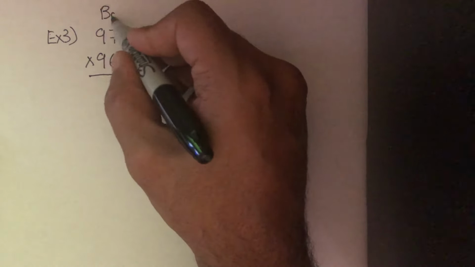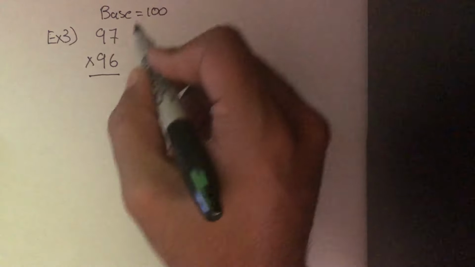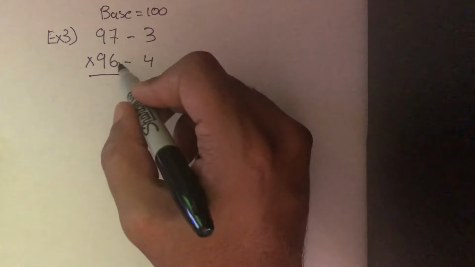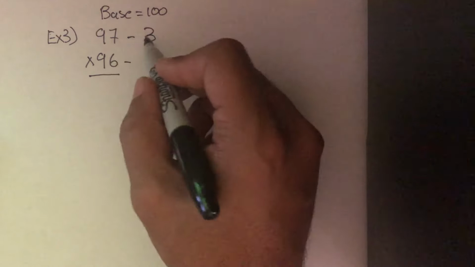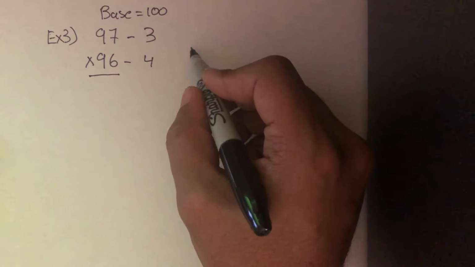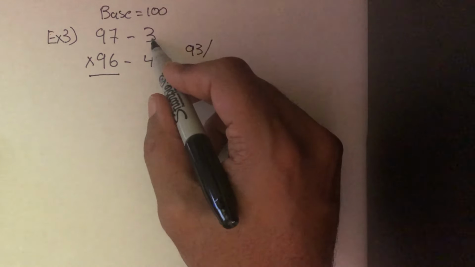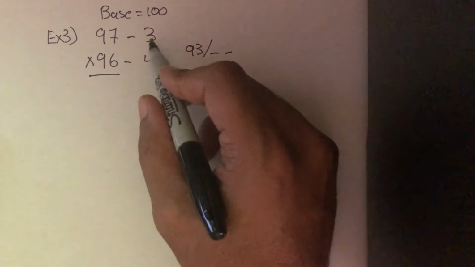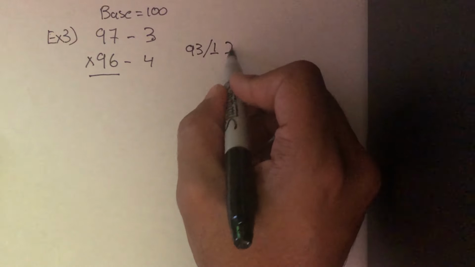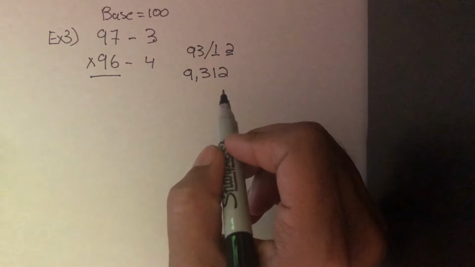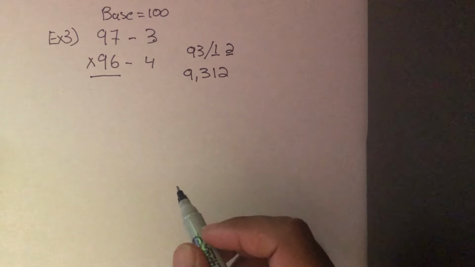My base is 100. 97 is 3 units below 100. 96 is 4 units below 100. First part of my answer, I'm going to cross subtract. 96 minus 3 is 93. Put a slash. What's 3 times 4? And I should have two spaces here. It's just 12. So final answer, 9,312. Okay, let's keep on going.